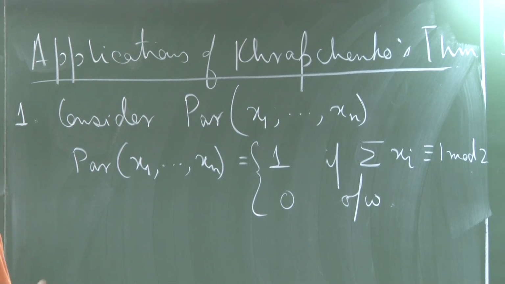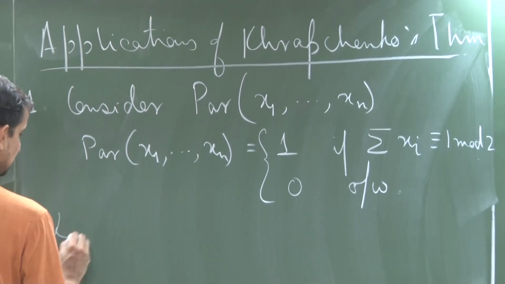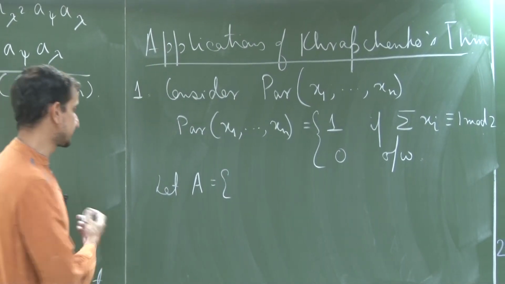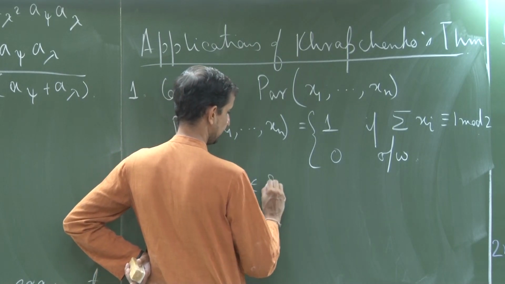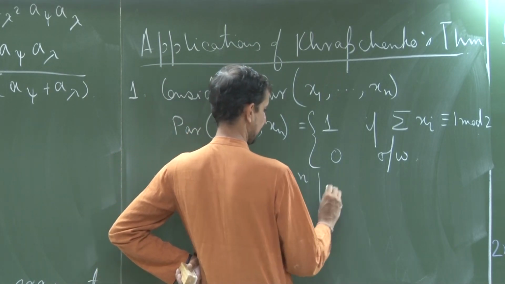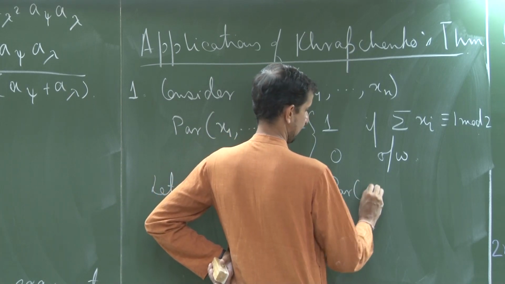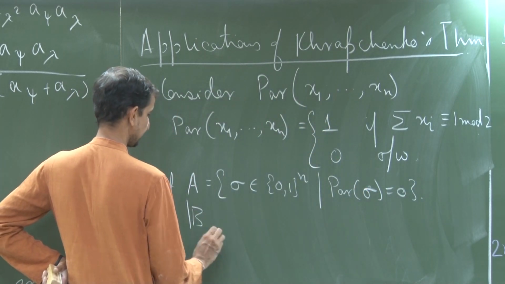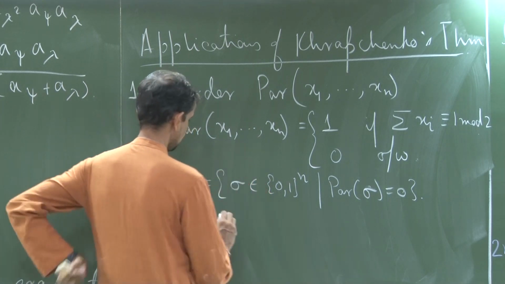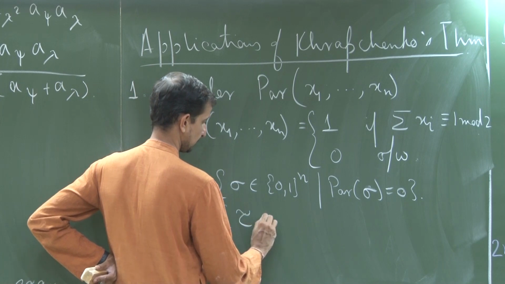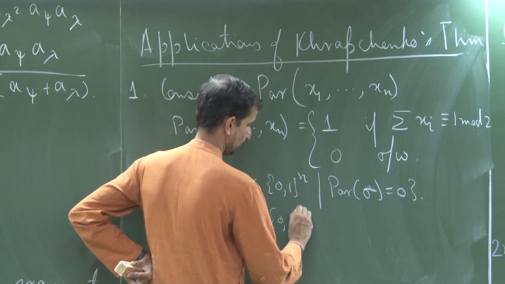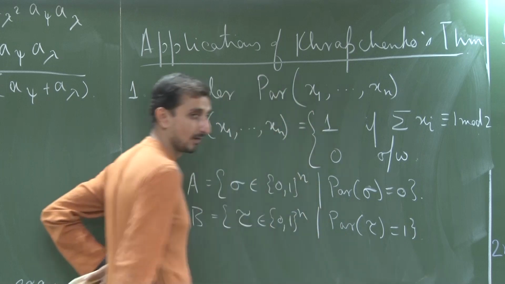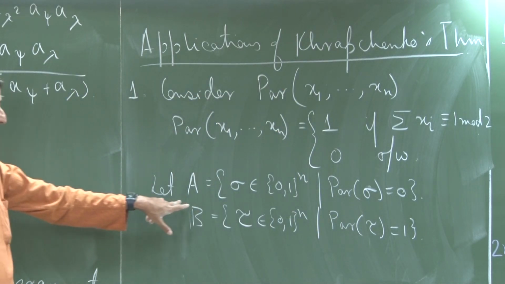So, what I will choose is, let A be all inputs which map to 0, sigma in {0,1} to the power n such that parity of sigma maps to 0, and I will choose B to be all inputs in the same domain which map to 1.